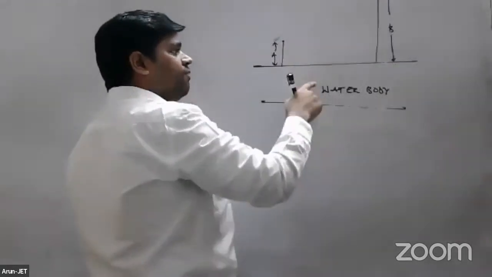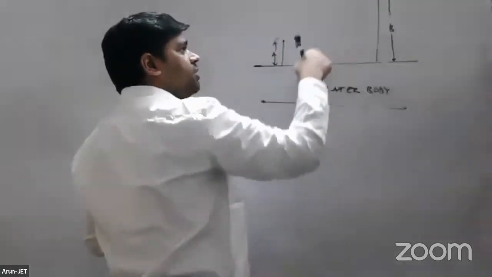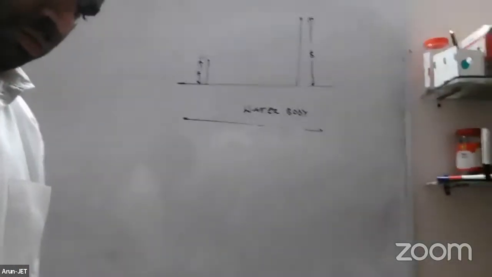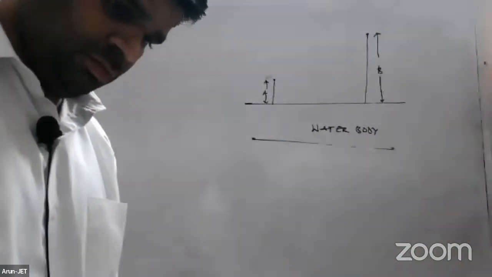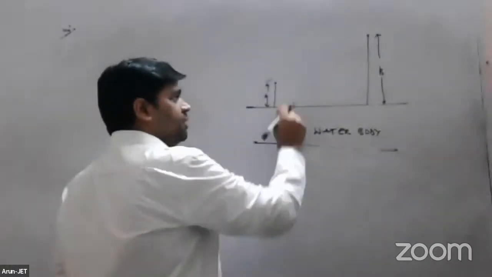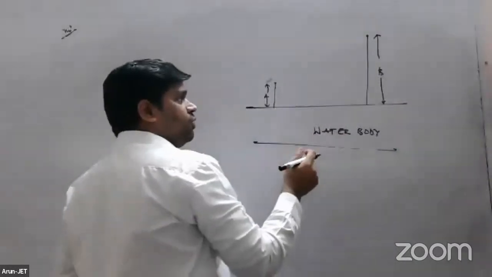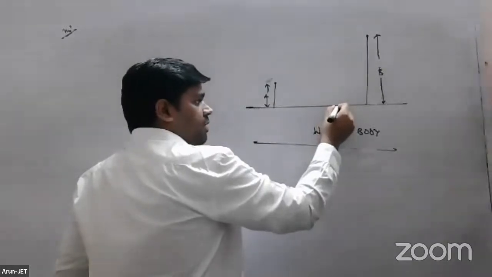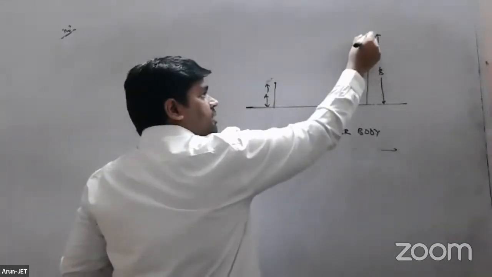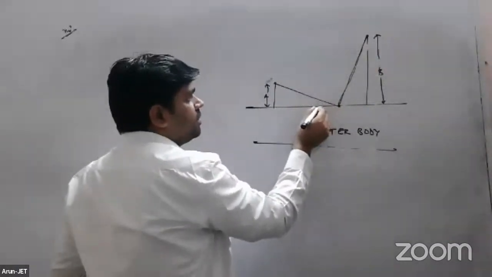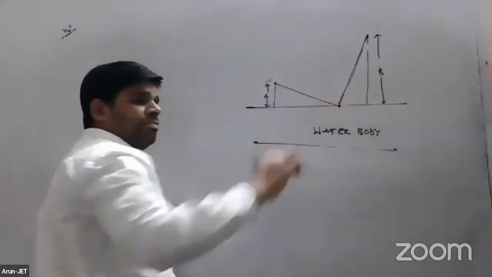I have to pump water from this water body to these 2 points through a pipeline. So the question is, at which point should I connect the pipelines such that my length of the pipe is minimum?